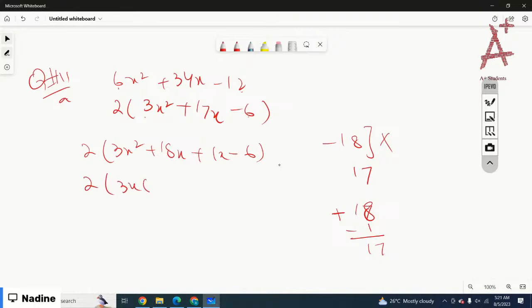Here you have 3x common, you are left with x plus 6. Here you have negative 1 common and you are left with x plus 6. So you have 2 and the factors are 3x minus 1 times x plus 6, right?